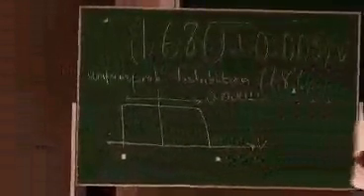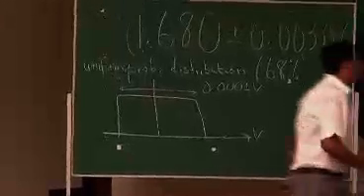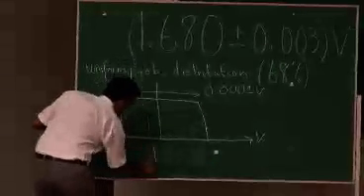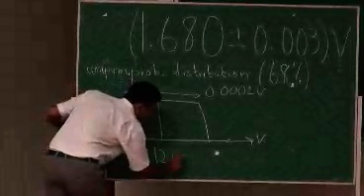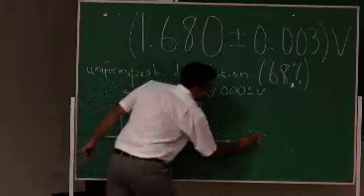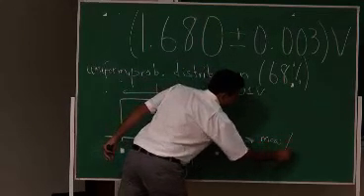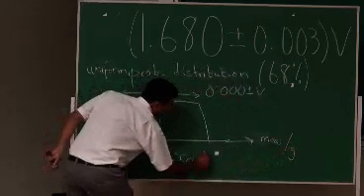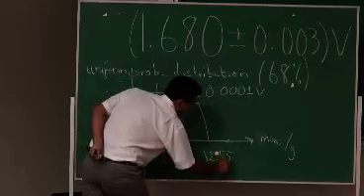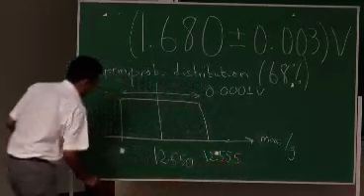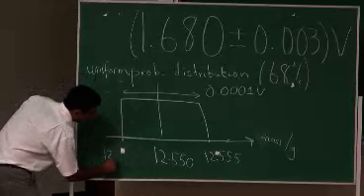and again I'm talking about type B uncertainties, 12.55. This is now mass in grams. Here I have 12.555 and here I have 12.545.